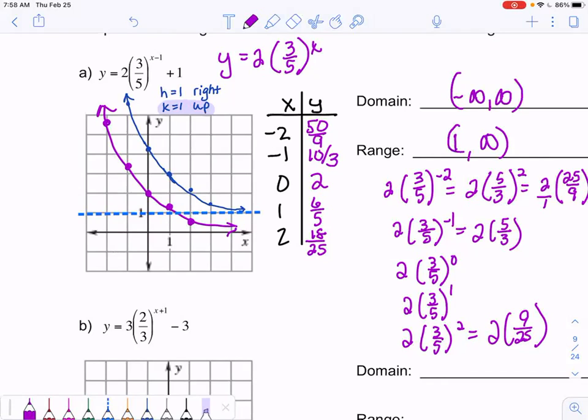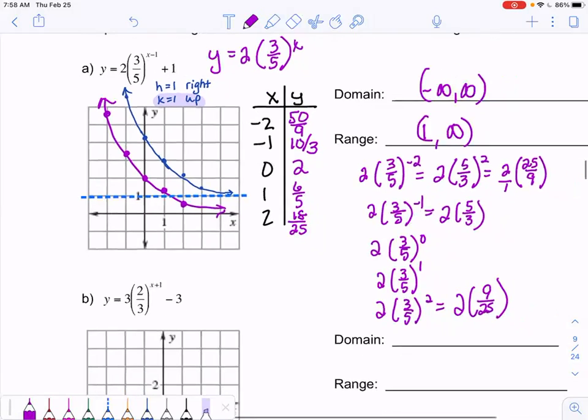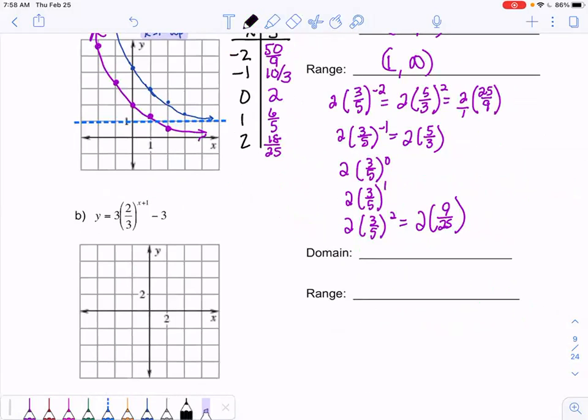Why don't you try the next graph? So try B. Graph the original function. It has 2/3 in it. So we're graphing 3 and then 2/3.